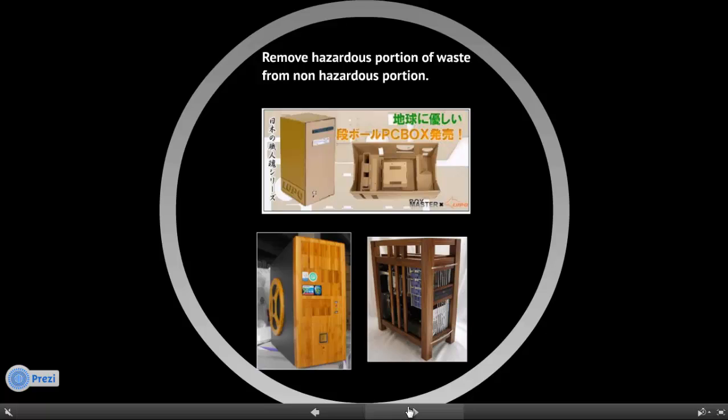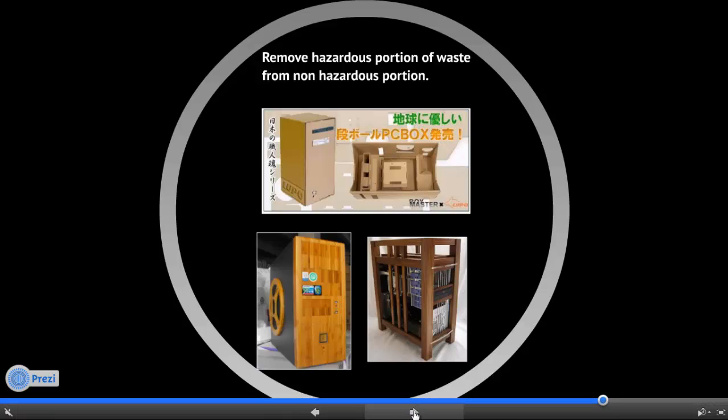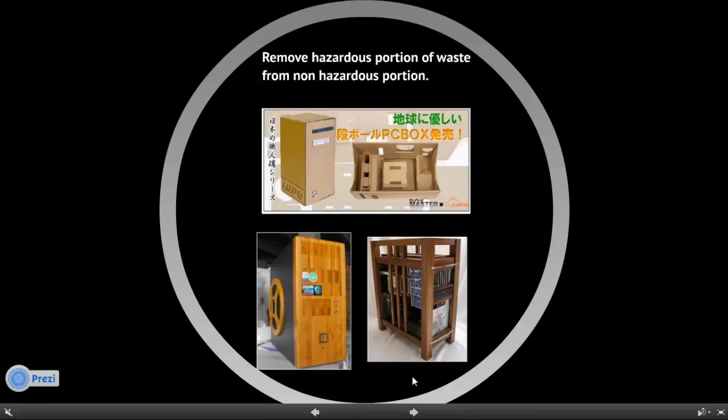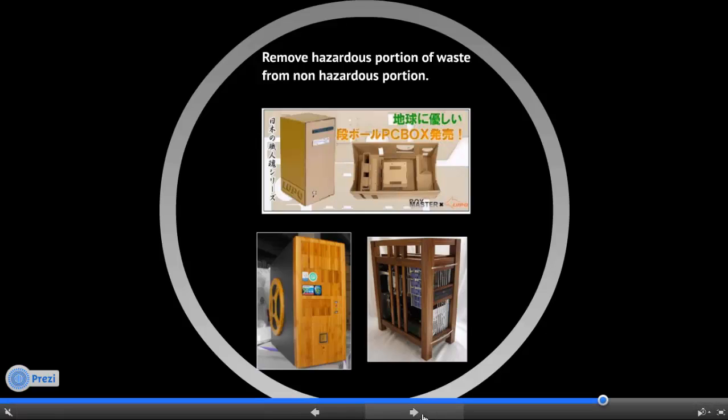Remove the hazardous portion of waste from the non-hazardous portion. You can utilize or recycle the hazardous portion. I am telling a simple example. The case of a CPU can be replaced by using cardboard, or hard paper. With hard paper we can make a CPU case, and some are made from wood.